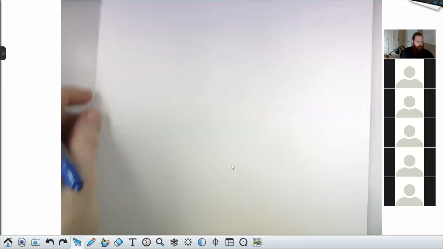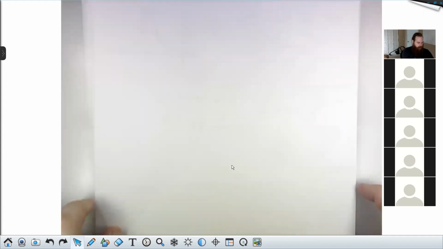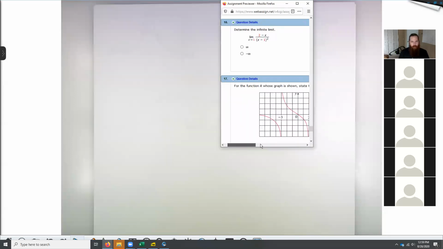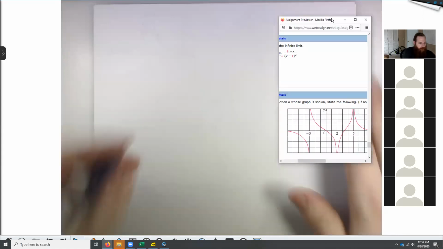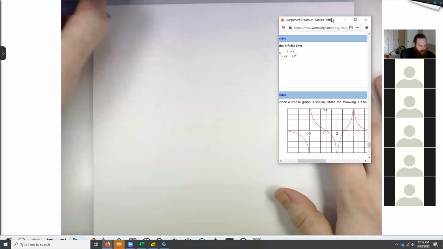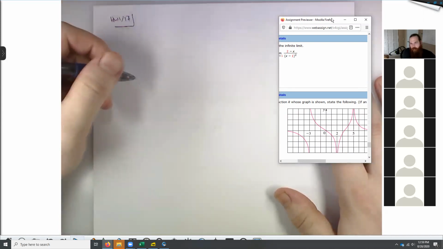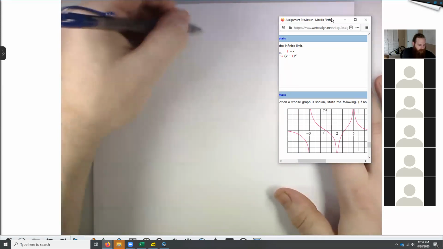So, number 17 again, I'll do my best to duplicate the artwork here, although my art skills are limited. They want us to play around with this function. So this is homework 1, number 17. We're going, looks like negative 6 to 6-ish.